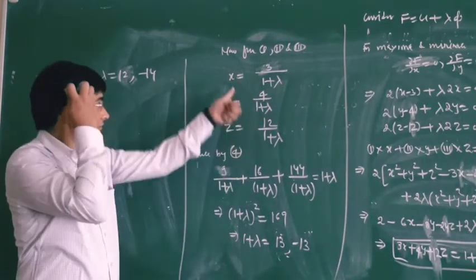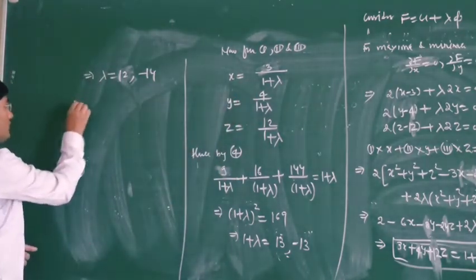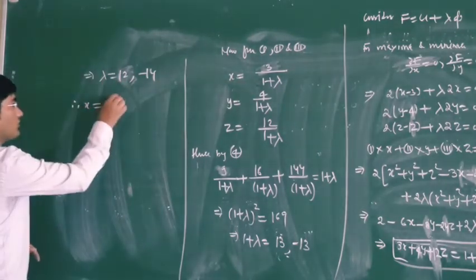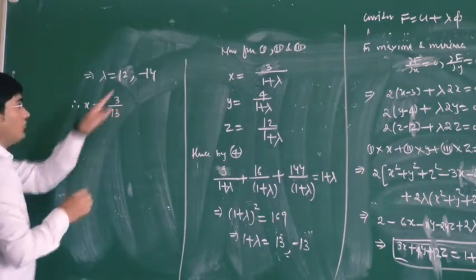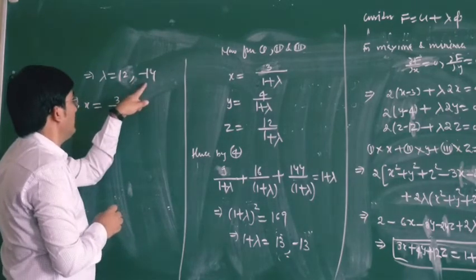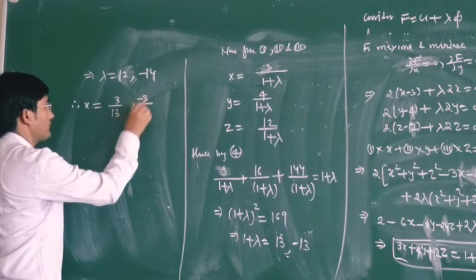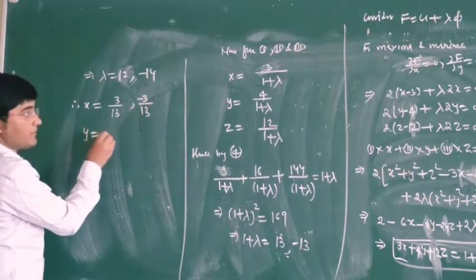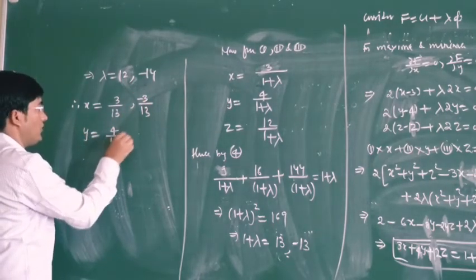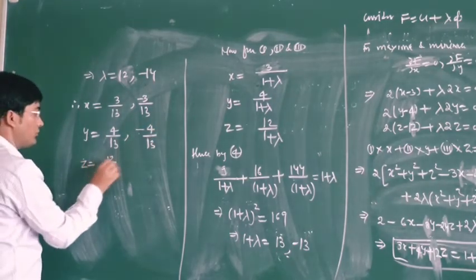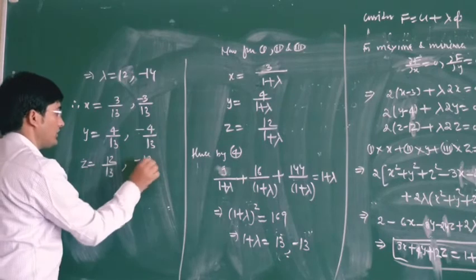Now with the help of this lambda, for lambda equal to 12, our x will be 3 upon 13. And for lambda equal to minus 14, this will be 3 upon minus 13. And similarly, our y will be 4 upon 13 or minus 4 upon 13. Our z will be 12 upon 13 or minus 12 upon 13.